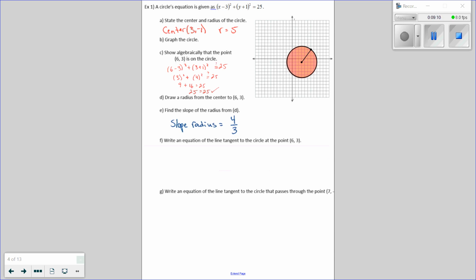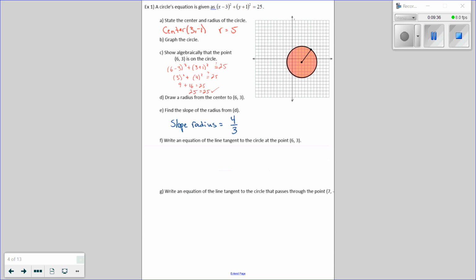That means we could write the equation of the radius using that slope and the center point, or we could use that slope and the point on the circle. But the question asks us to write the equation of the tangent line at (6, 3), not the radius. So what we talked about on the previous page is that the tangent line is perpendicular to the radius.